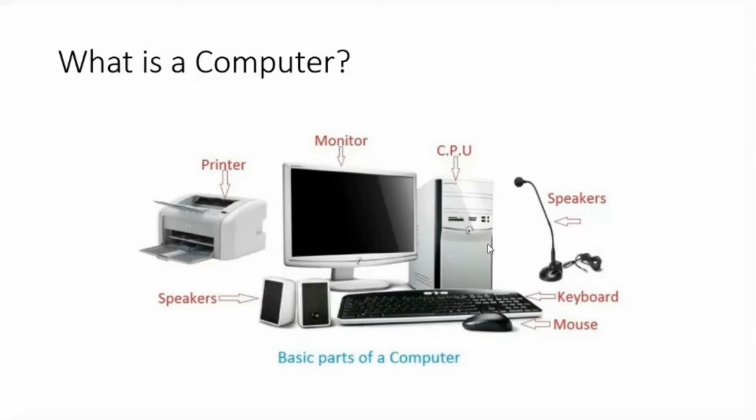But in the case of a laptop, where is it located? It is below the keyboard and the mouse pad. Everything is included: the motherboard, the processor, the RAM, the storage disks are placed below the keyboard in the case of a laptop.